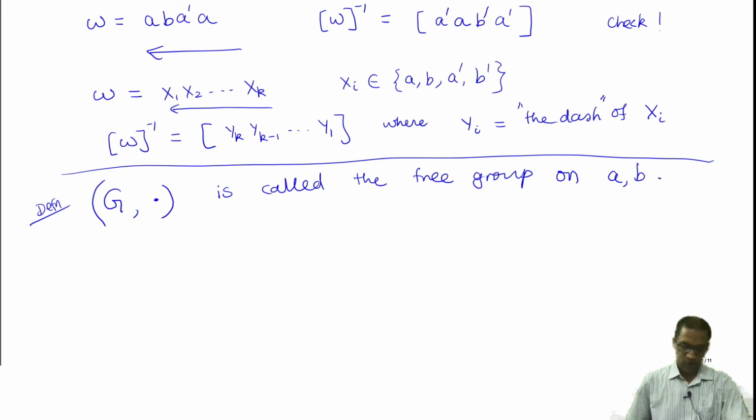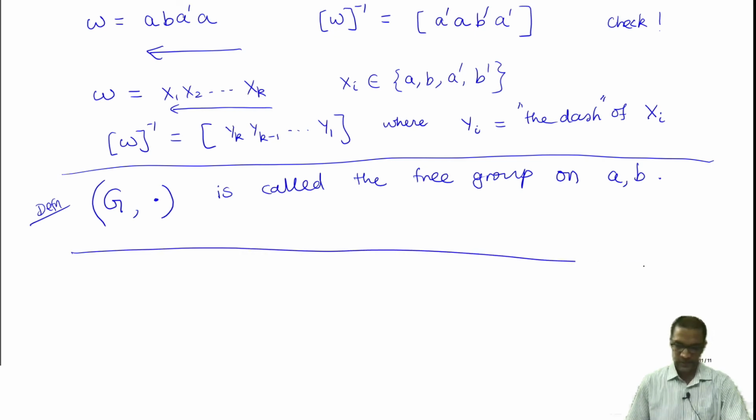Okay, for now at least the motivation for this terminology is not yet fully clear, but we at least said let's start with A and B, let's not put any relations, just let A and B be arbitrary symbols, let them generate, look at all possible products and so on.